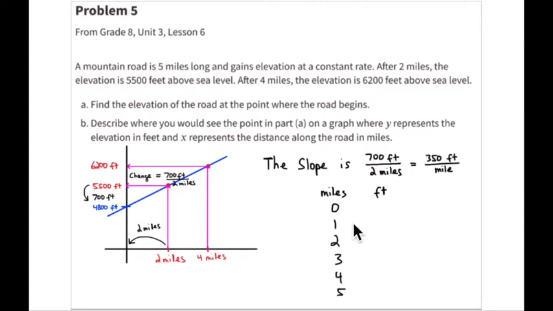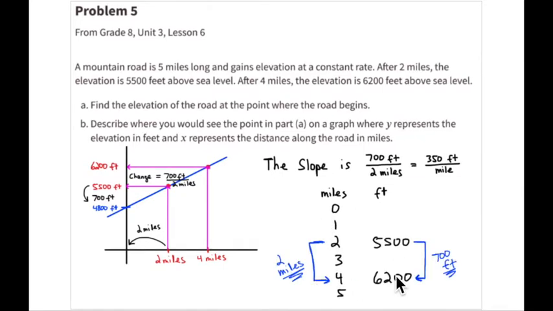So let's put together a little table and just complete this table, what it looks like. And it's 5,500 feet to 6,200 feet. That's an increase of 2 miles. So that's the change in x. What is the horizontal change? So the number of miles traveled along the x-axis is 2 miles. And what's the vertical change that goes with that?